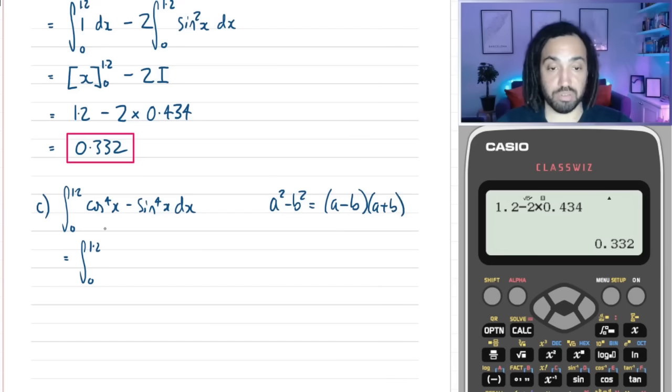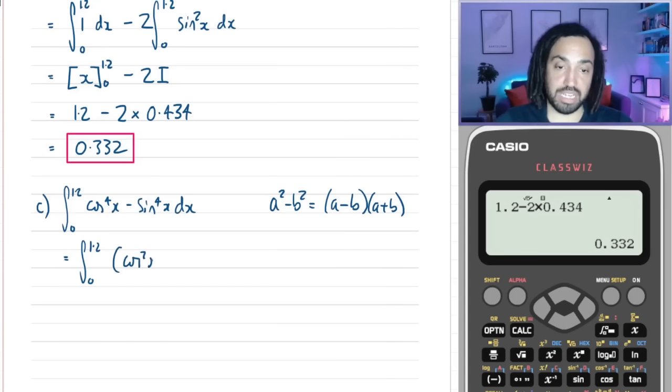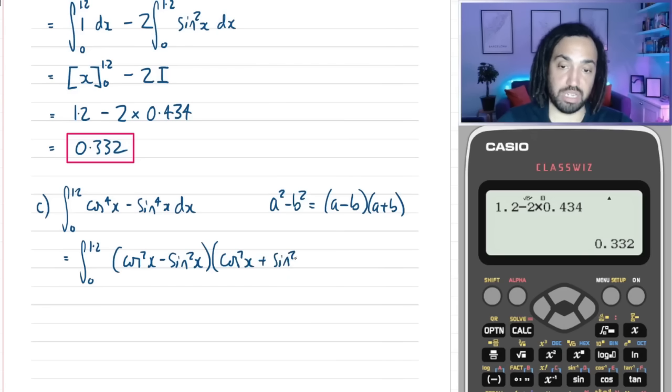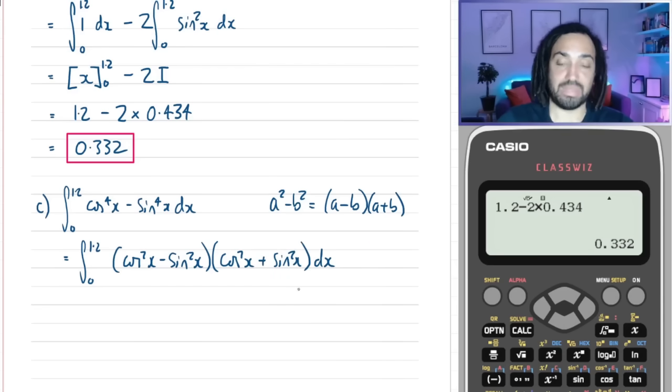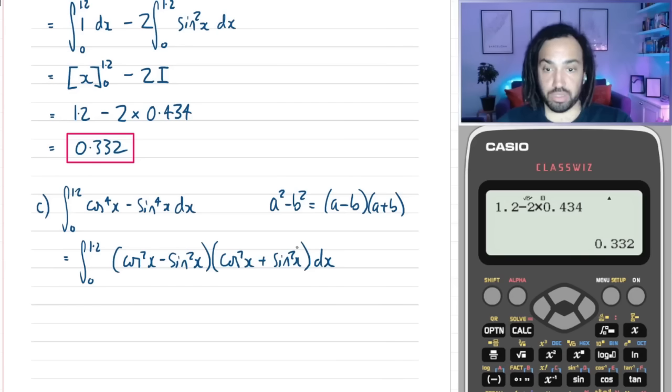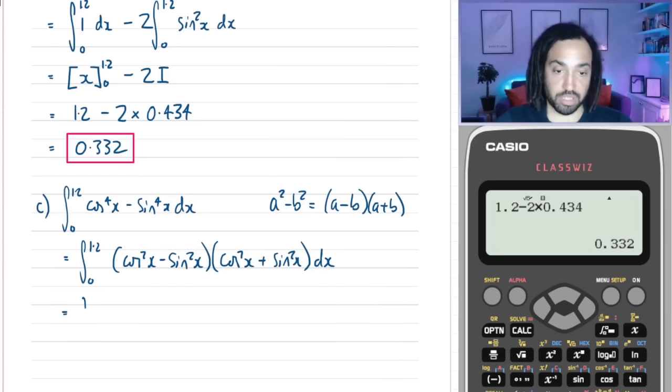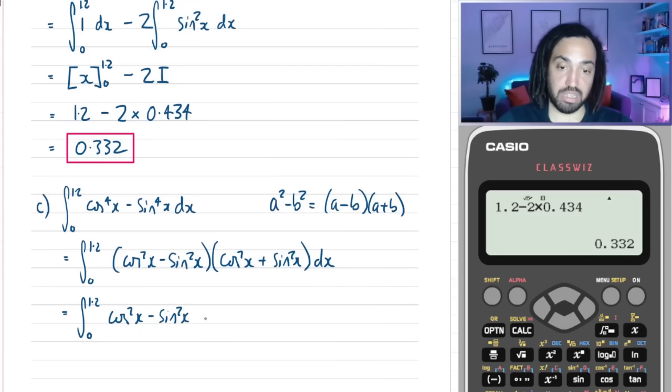Taking the square root of each of them will give us cos squared x and sine squared x. So we have cos squared x minus sine squared x, open brackets, cos squared x plus sine squared x. That's great because we know that cos squared x plus sine squared x is 1, so that can cancel out and leave us just with cos squared x minus sine squared x.